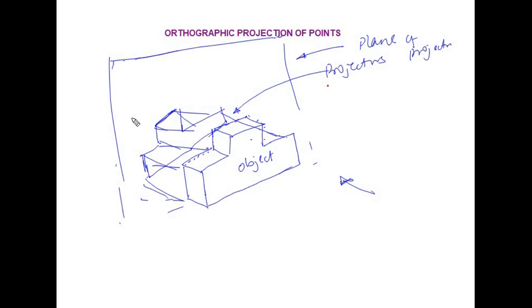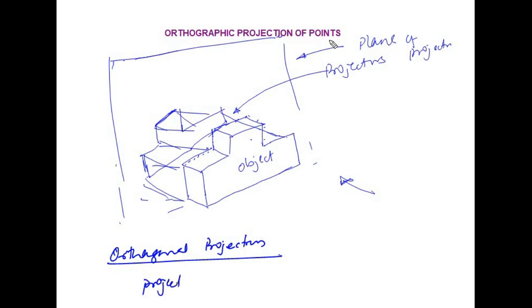So now here we are discussing orthographic projection, right? So in orthographic projection, generally a three-dimensional object is projected as a two-dimensional image. Usually it's a parallel projection.